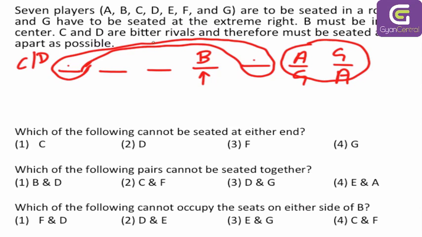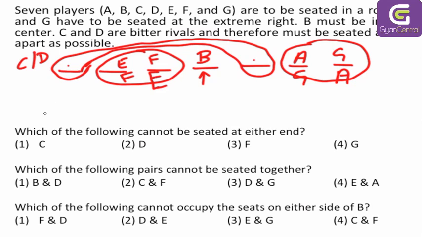Then who are left? A is gone, G is gone, B is gone, C and D are gone, E and F are left, which means on these 2 positions, you will have E and F, or it could be the other way around where you have F here and you have E here. So these are all the possibilities that I have drawn here.